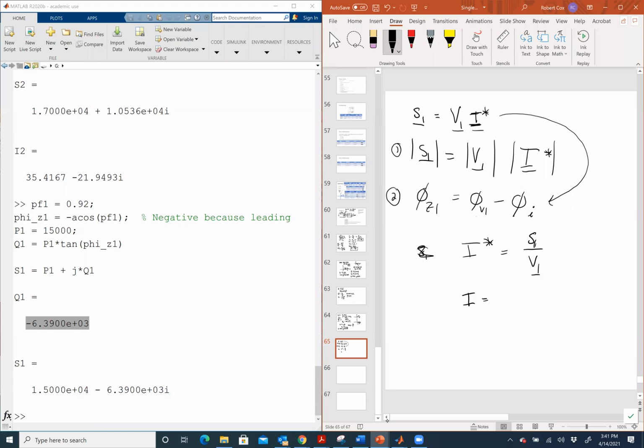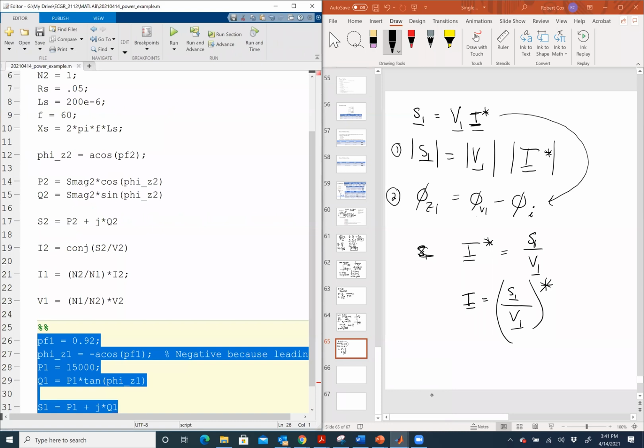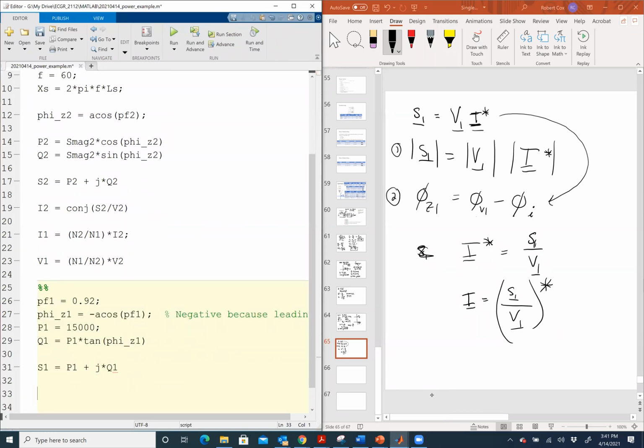So I is going to be S1 divided by V1, conjugate of that result. All right. So in my code, what I would say for that is I equals the conjugate of S1 divided by V1, right? And that's how I would get my I.